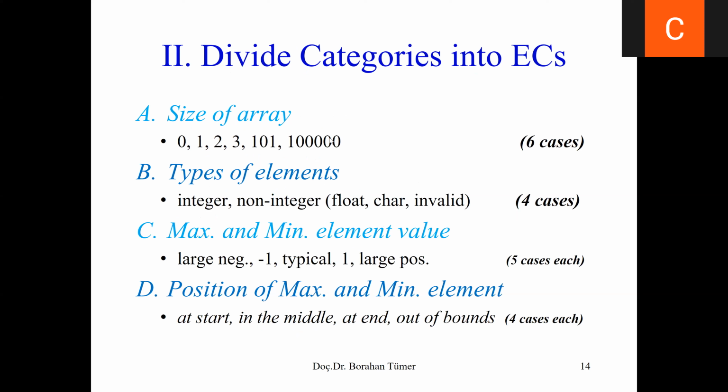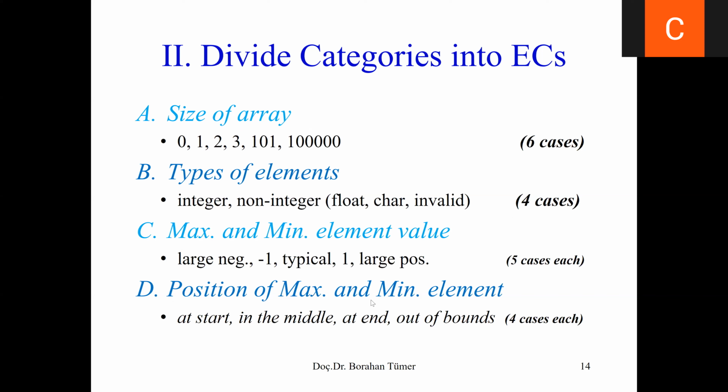So maybe I should also include a negative number in the size of arrays, and for the types of elements, I included 4 cases: max and min element values, a large negative, I said -1, a typical one, a 1, and a large positive.